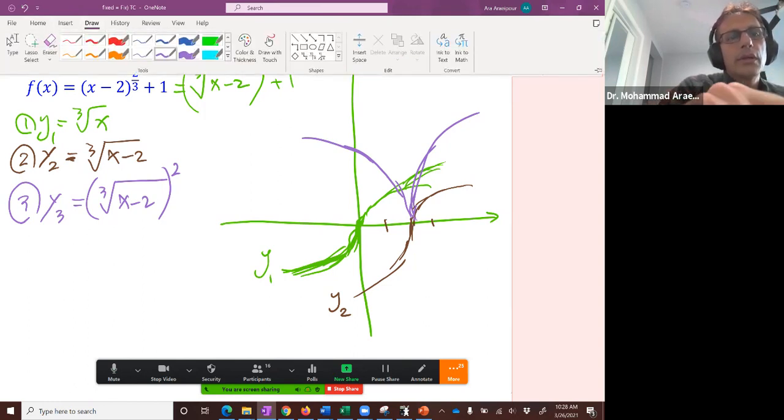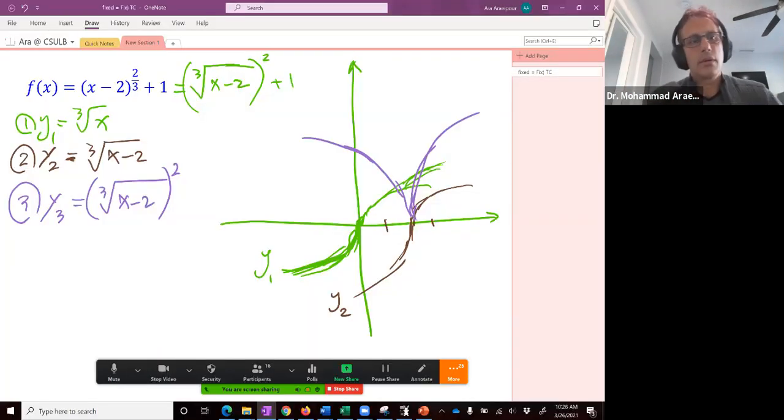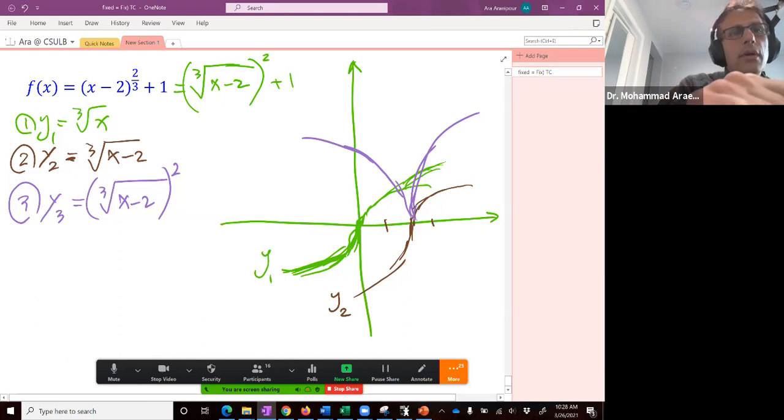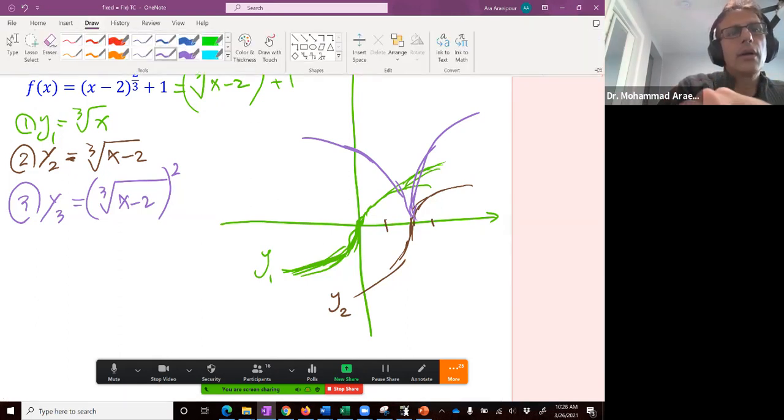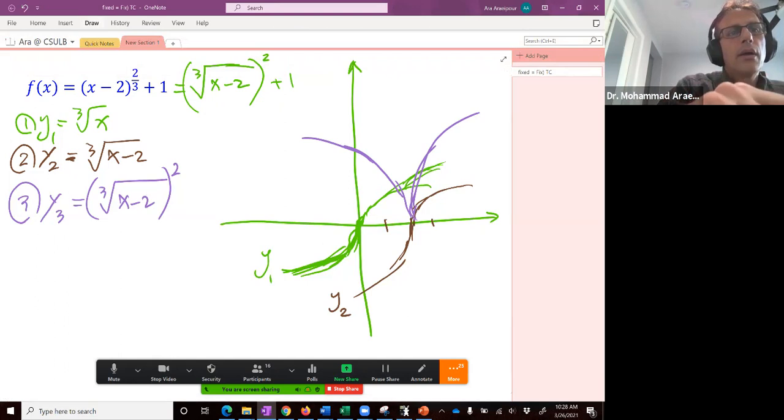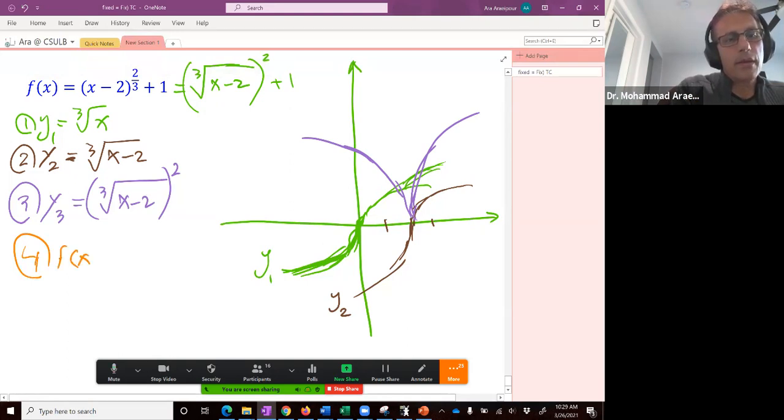Number 4. Now I have f of x, which is the cube root of (x minus 2) squared.